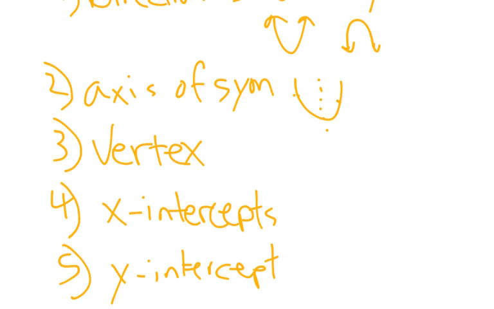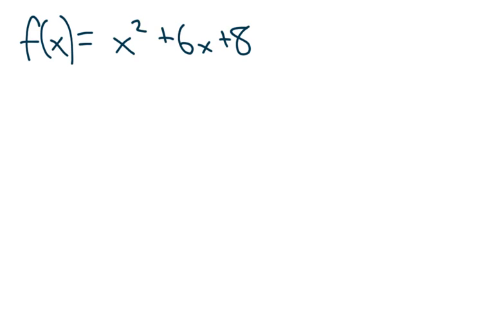So here we have something that's given to us in standard form, not vertex form. Since it's in standard form, first of all we have to figure out what a is. a is 1, and what that tells us is that this parabola is going up, or you could say it's concave up.